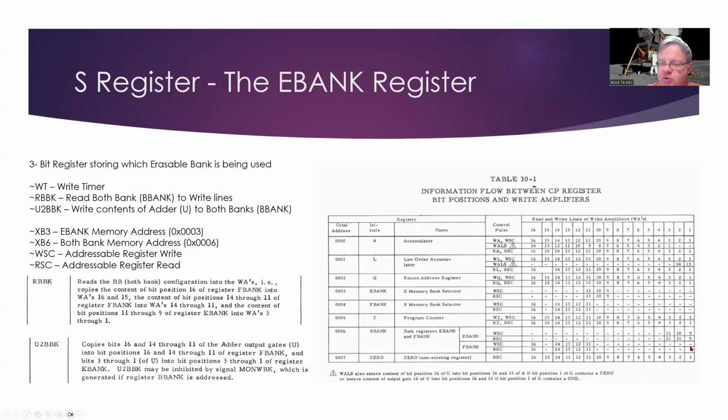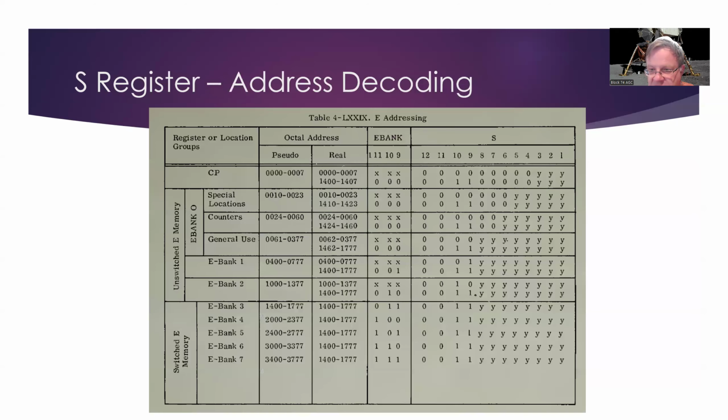And this is more similar to the RBBK and U2BBK, which use bit positions 1 through 3 of the write lines or the adder in order for us to transfer data back and forth between the registers. So how does this look in the actual schematic that we're working on?